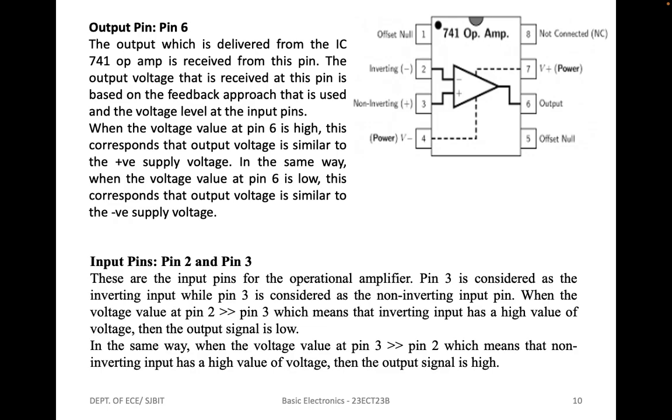In the same way, when the voltage value at pin 3 is greater than pin 2, pin 3 being the non-inverting input and pin 2 the inverting input, this means that the non-inverting input has a high value of voltage, so the output signal is high.